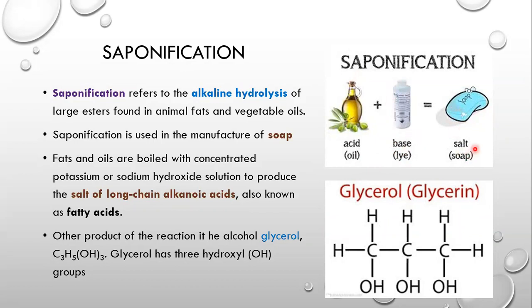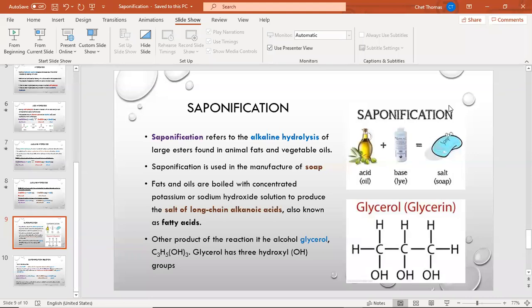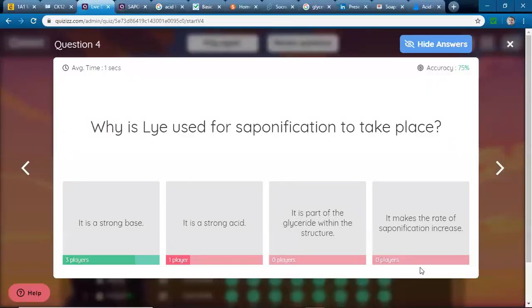I know sometimes people could miss it, but lye is actually sodium hydroxide. It's another name that they use for sodium hydroxide. It's a strong base.